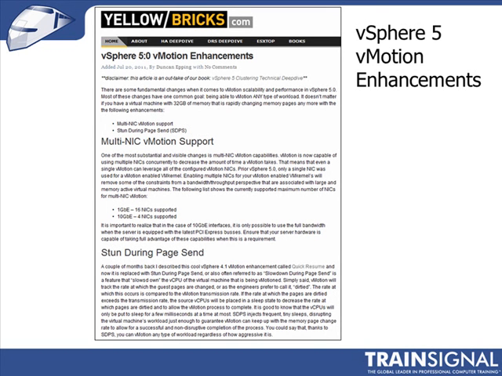The second vMotion feature new in vSphere 5 is the stun during page send. And it's also called slow down during page send. If you're trying to vMotion a high-performance virtual machine that has a lot of changes going on, what this feature can do is actually tell the vCPUs of that server to really slow down or go into a sleep state, but a sleep state that's not going to affect the application.